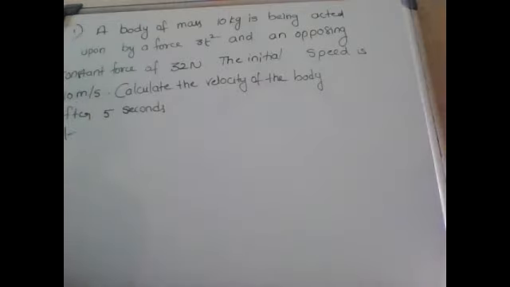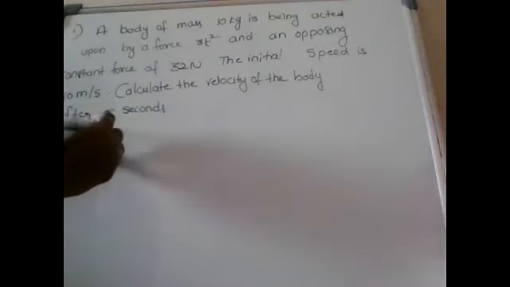So here, what is the problem? A body of mass 10 kg is being acted upon by a force 3t square and an opposing constant force of 32 Newton. The initial speed is 10 meter per second. Calculate the velocity of the body after 5 seconds.